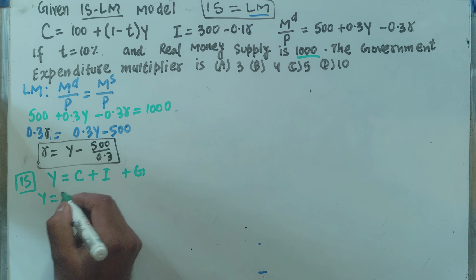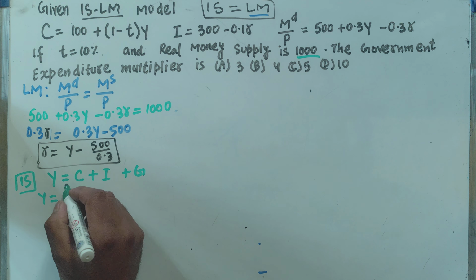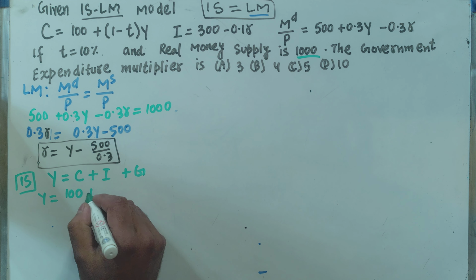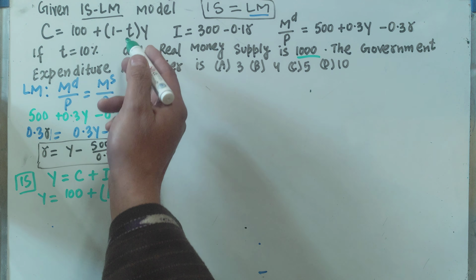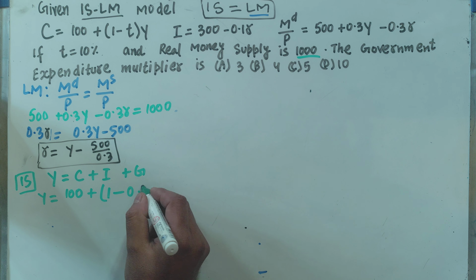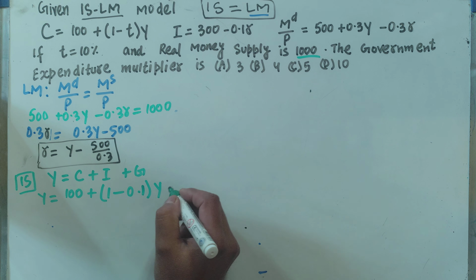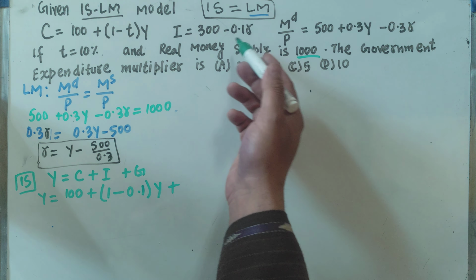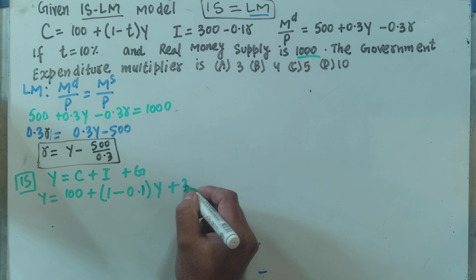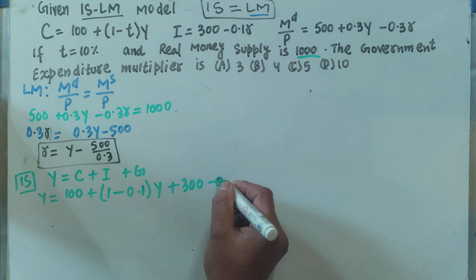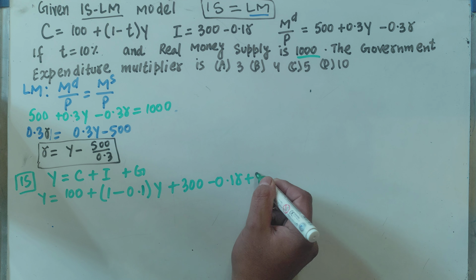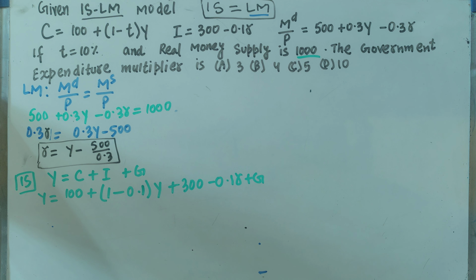Consumption function is given as 100 plus (1 minus T), where T is 10%, which can be written as 0.1, times Y, plus the investment function, which is 300 minus 0.1R, plus the government spending.